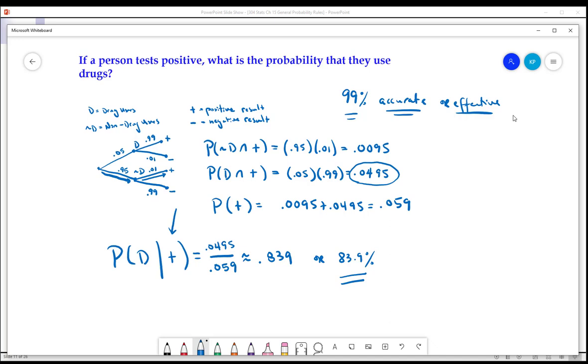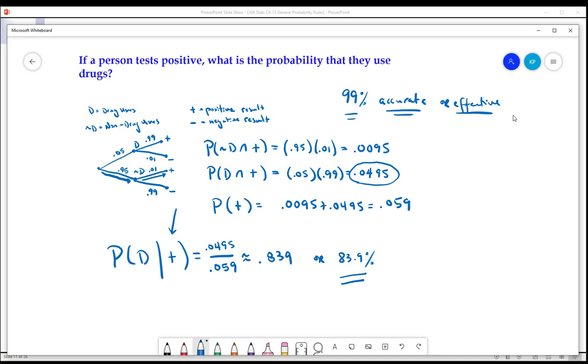And so we have to be very careful, because when it comes to conditional probabilities, it's not always what you think it is. Our intuition kind of fails sometimes when it comes to conditional probabilities. And the only way of doing that is mathematically. That's the only way to be absolutely sure what the probabilities are. So the probability that someone actually does drugs if they test positive is actually only 83%, using a 99% accurate or effective test.